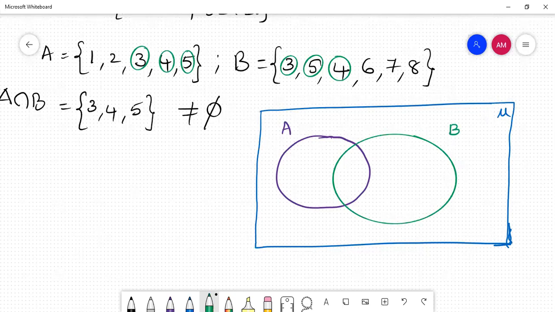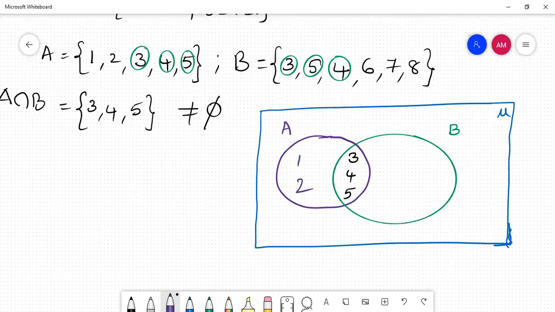First, we have to fill the intersection part. In the intersection part, how many elements do we have? 3 elements. What are they? 3, 4, 5. Let us fill that. In A, we got 3, 4, 5. So what are the remaining elements in A? 1, 2. So we write in that.